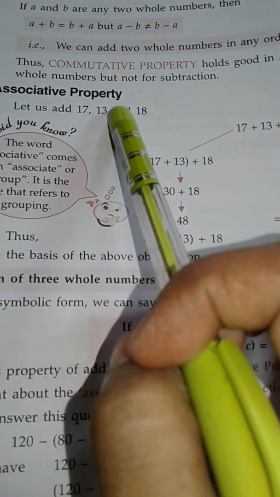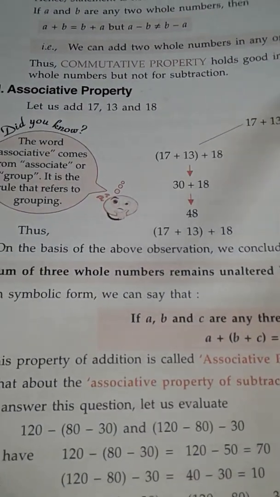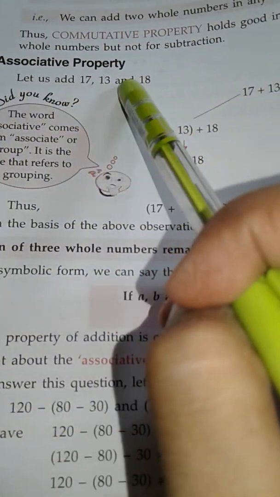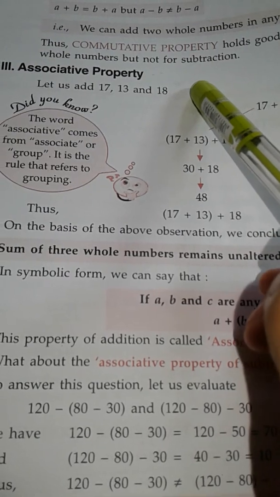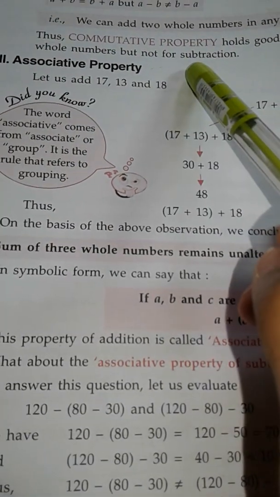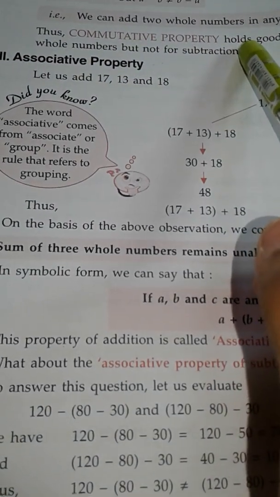Thus, commutative property holds good in addition of whole numbers, but not for subtraction. So this is about your two properties, closure property and commutative property.